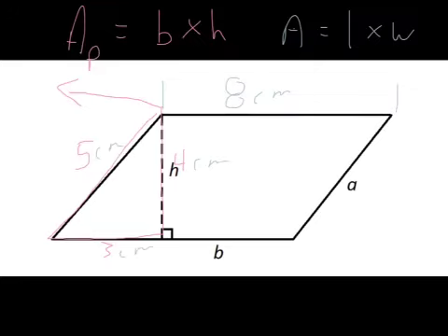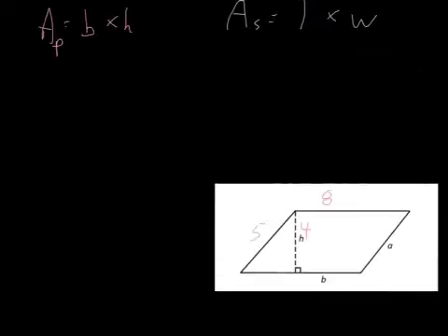If I assume that this was 8 centimeters long, I'm going to work out the area both ways, and we'll see that they're different. Using this formula here for a parallelogram and this formula here for a square, which is what we were talking about if we pushed this parallelogram up so it stood on its side and became a square, I'm going to calculate both and see if they wind up being the same.